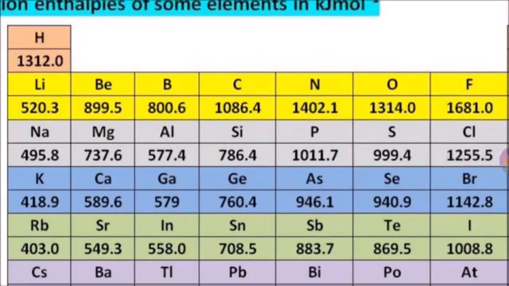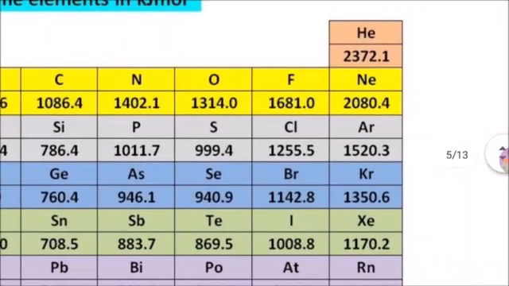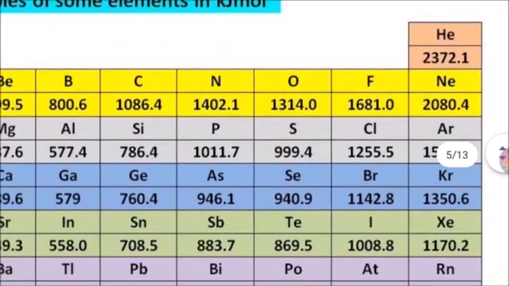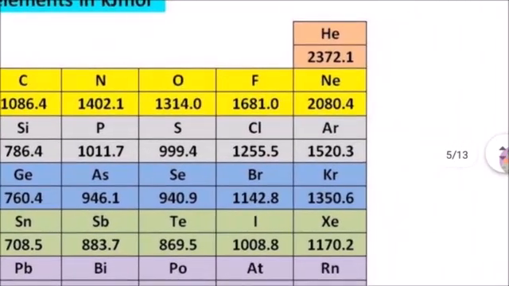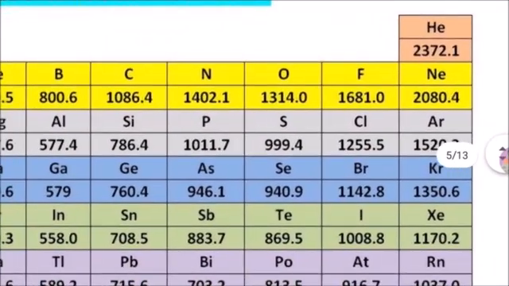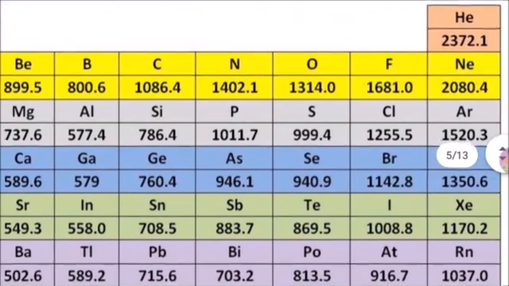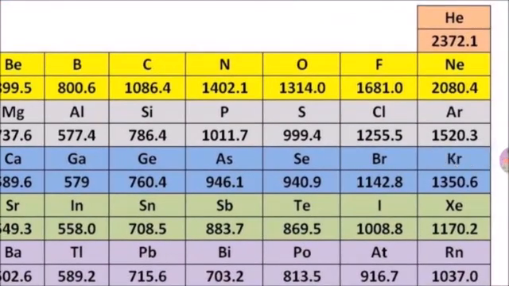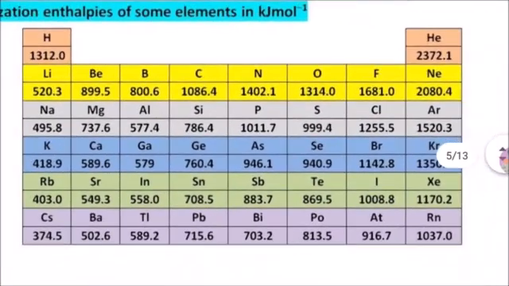If we take the second period, lithium's ionization enthalpy is 520.3 because its size is greater in comparison to the other members. If we come to neon, neon is an inert gas, and its ionization enthalpy is 2080.4 kilojoules per mole. Noble gases and halogens also have great ionization enthalpy. The oxygen family also has great ionization enthalpy.